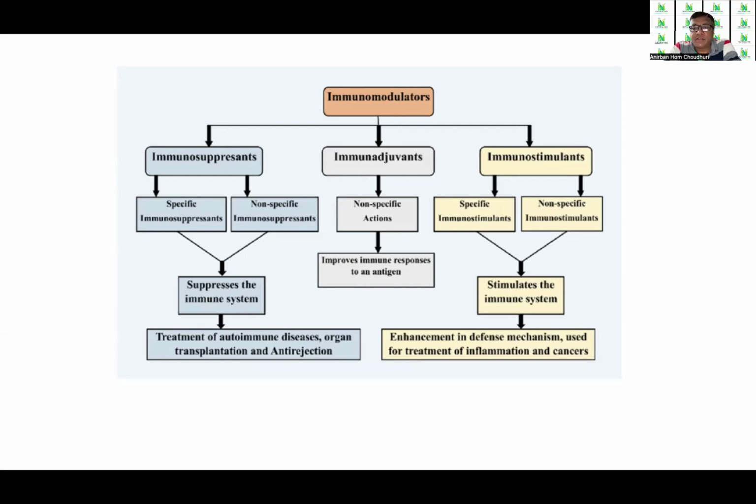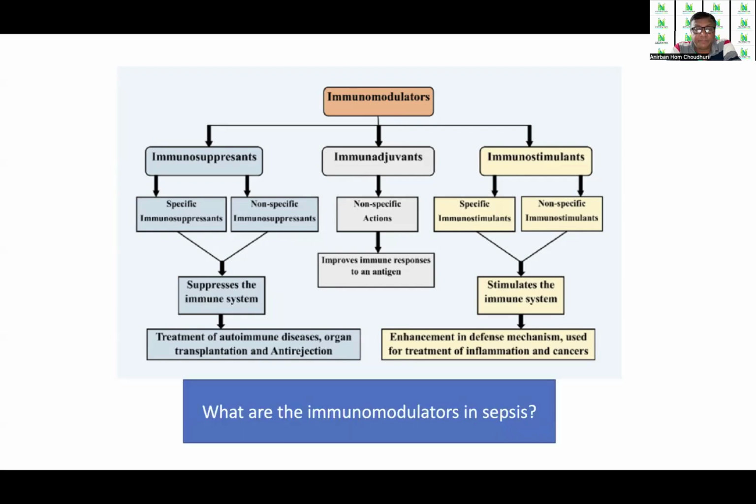Their role has been usefully considered in many cases of malignancy, but they are also useful in sepsis. They have been found to be useful in many studies because they enhance the defense mechanism of the body, and they are used in the treatment of inflammation and cancer. Even IL-1 antagonist belongs to the same category.